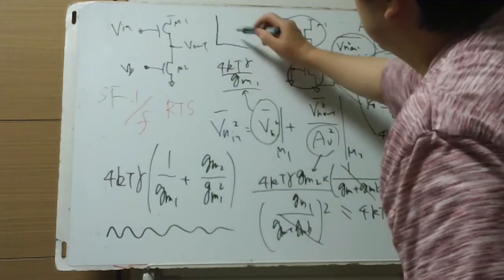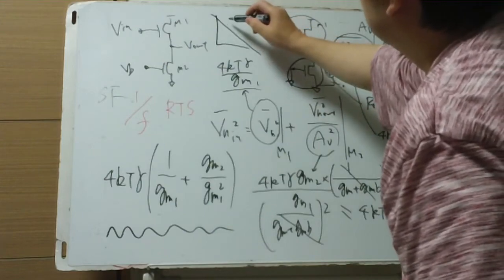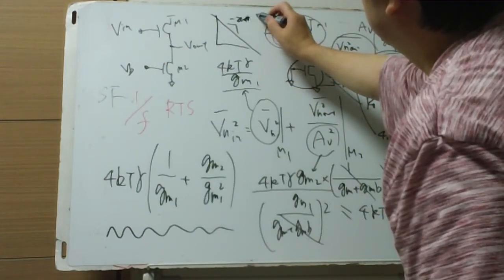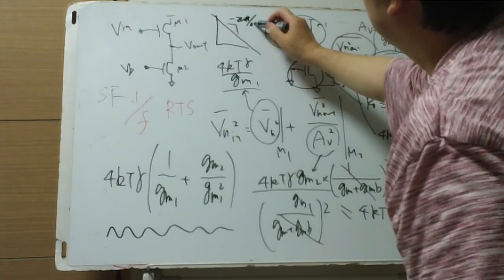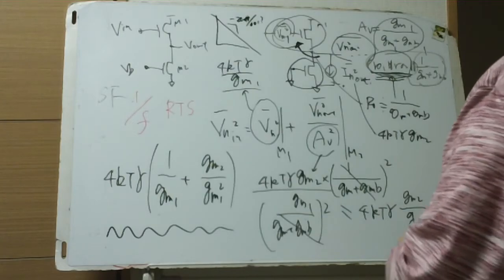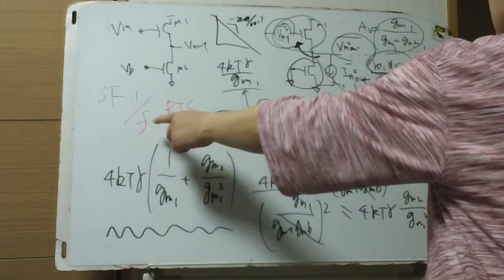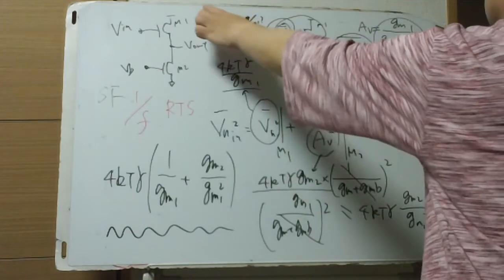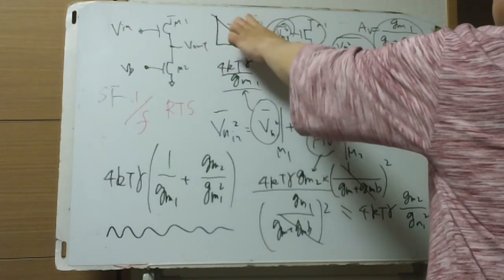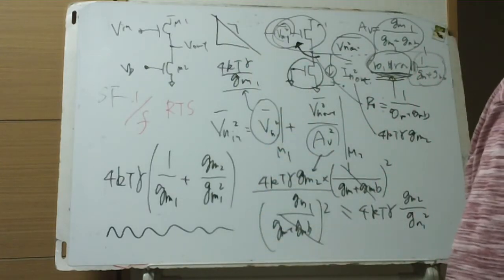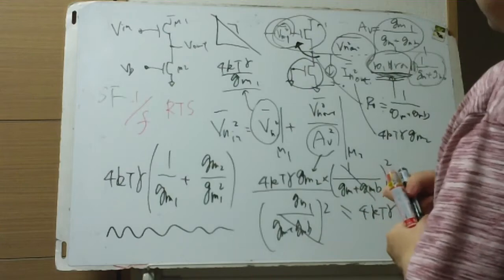So the Bode plot is like this: minus 20 dB per decade, linearly decreasing in dB is 1/f noise.